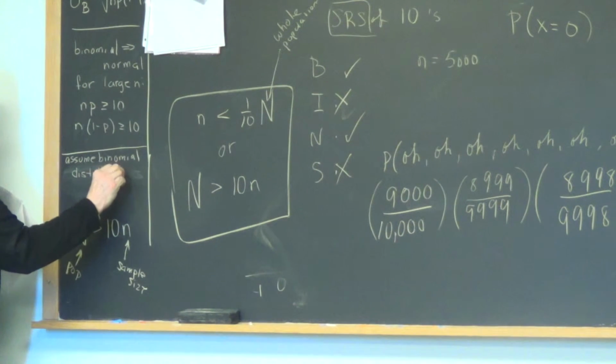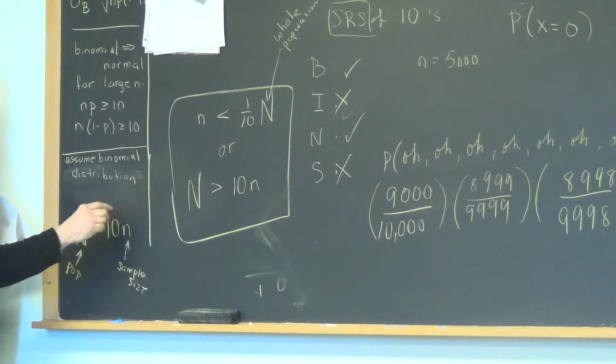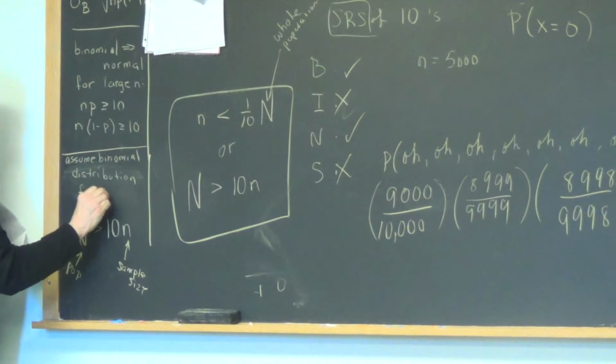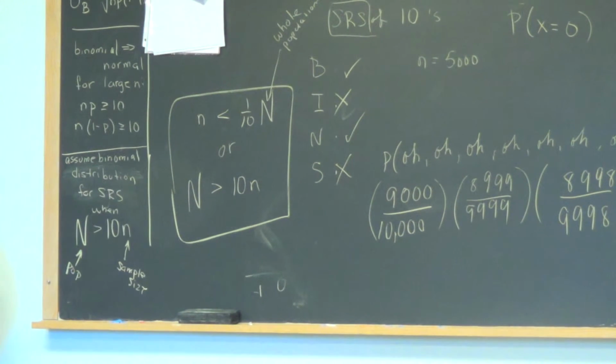I think I was confusing this one and that one. So assume binomial distribution for a simple random sample, so it's not that n is large. Sorry about that. Very good, Allie, thank you. So the population has to be greater than 10n.